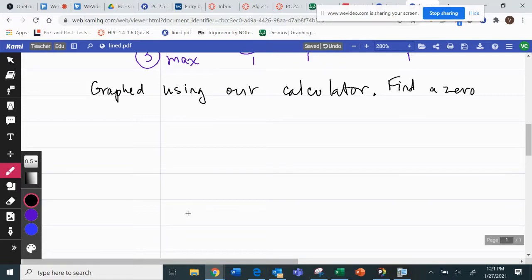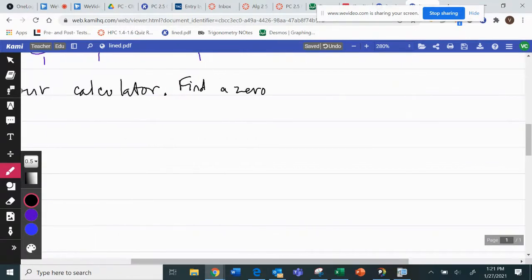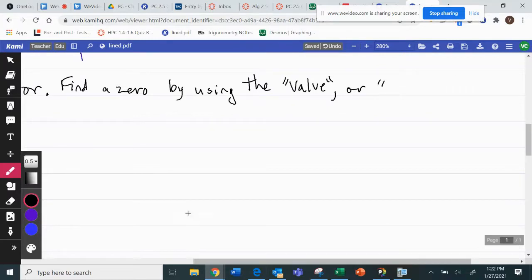Find a 0 by using the value or 0, which I'll show you that again as a review, or you looked in the table. Because I know some people look in their table to find a 0.